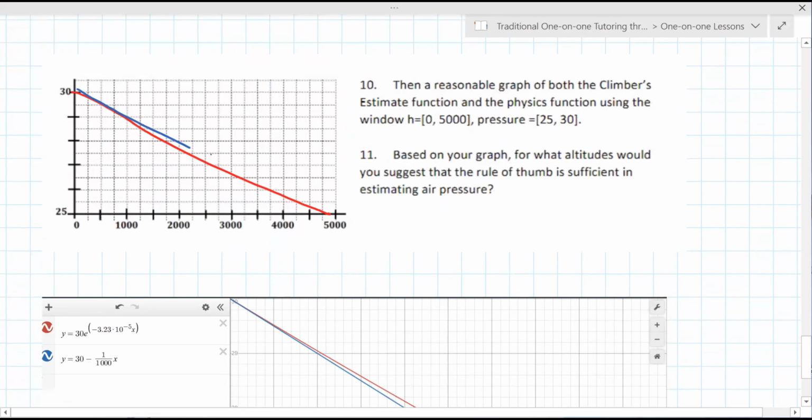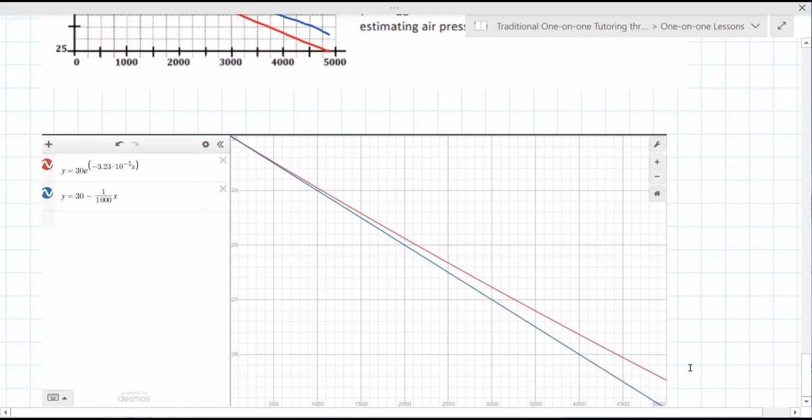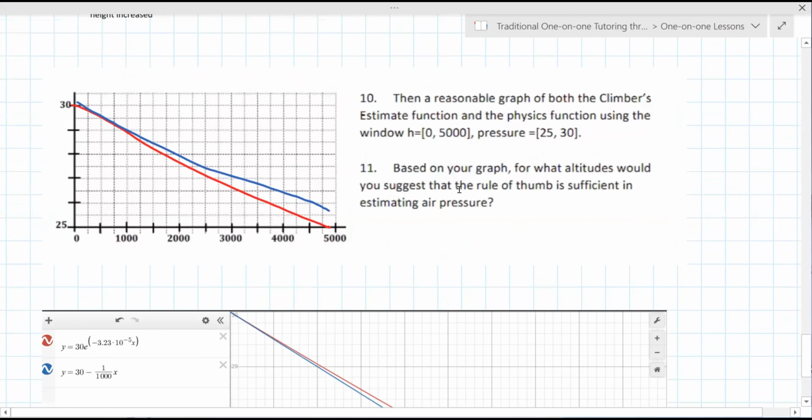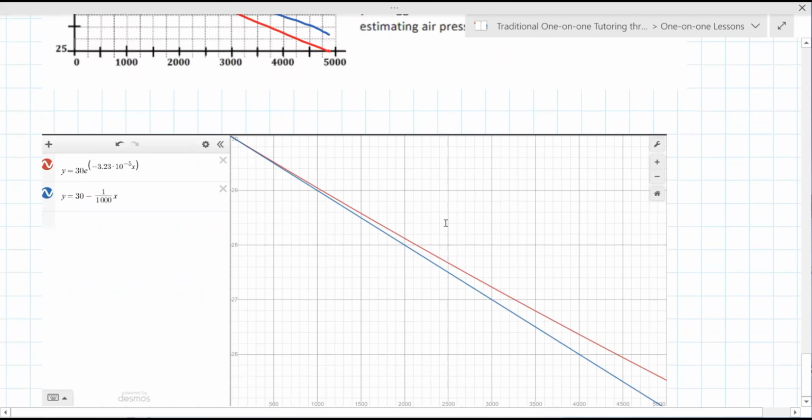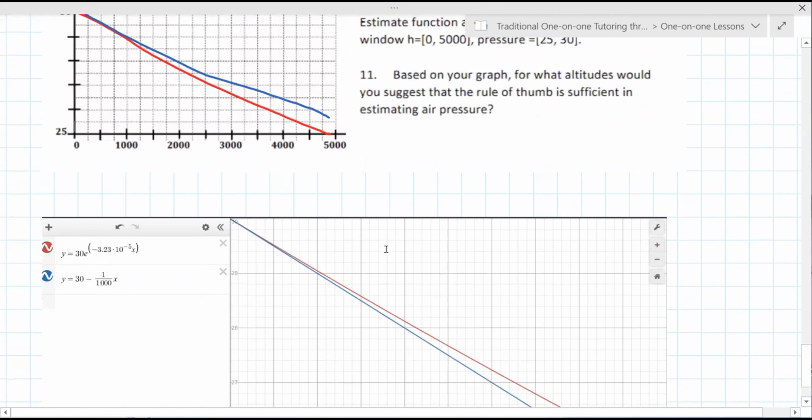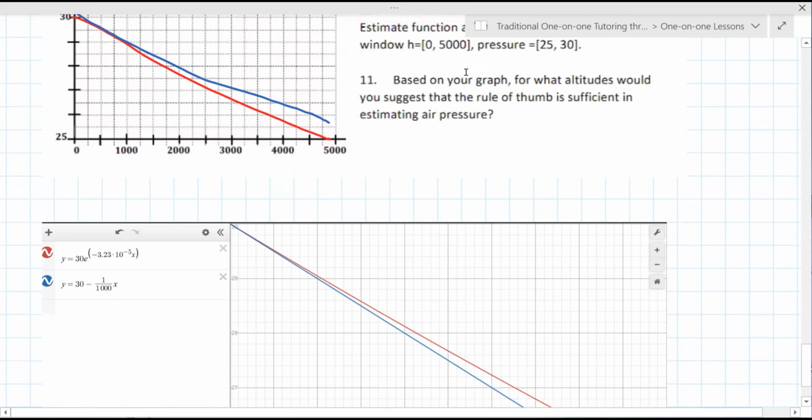The colors don't really matter, but there's a gap. That's what this picture is trying to show, that they start separating. Just a little bit of a gap. That's kind of what they're looking for here.